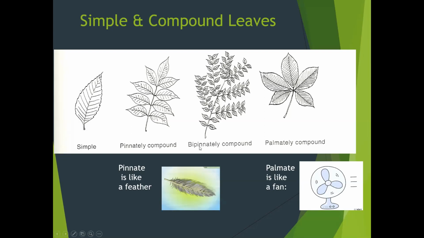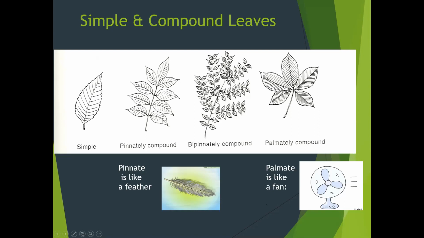So again, you have to be careful to look down at the base and make sure whether this is a twig with leaves or a bipinnately compound leaf, or a bifeathered leaf. And then the other category are palmately compound. So you just want to think of that as looking like a fan. And those are the different styles that you might see.